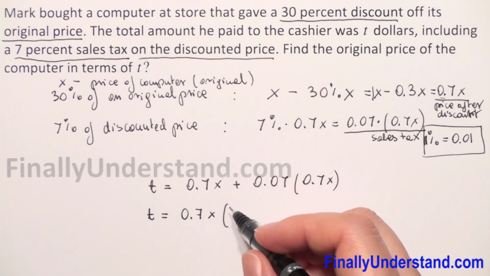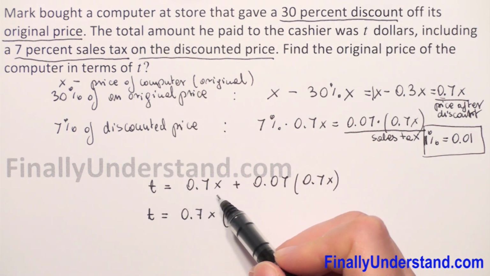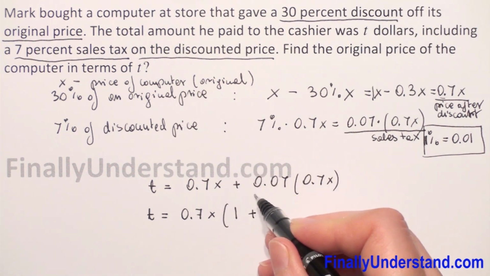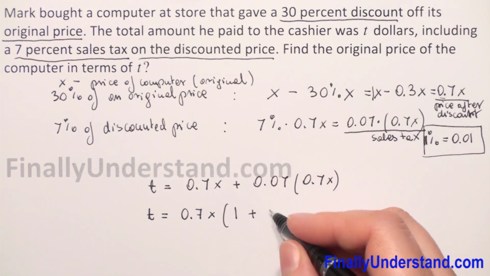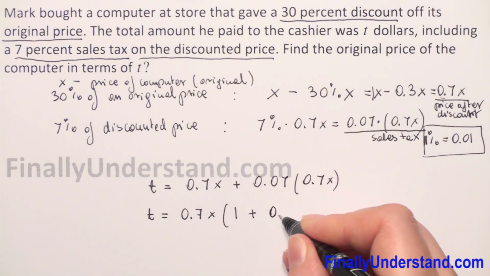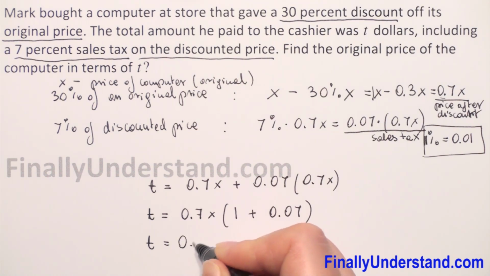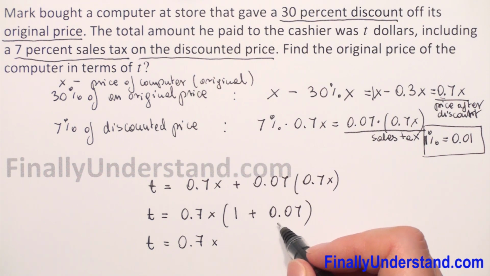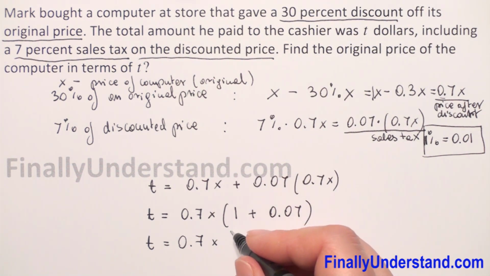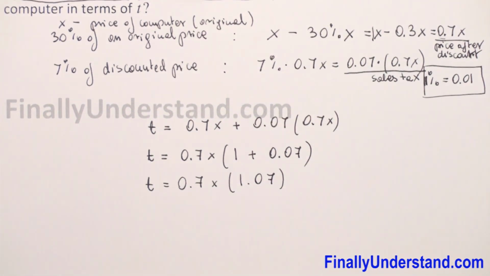From this term, we will have only 1, because 0.7X times 1 gives 0.7X. From the second expression, whatever is left will be 0.07. So T is equal to 0.7X times 1 plus 0.07, this is 1.07.